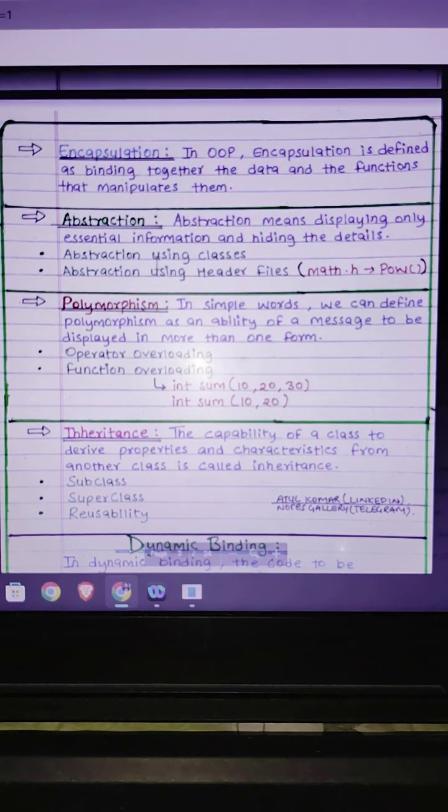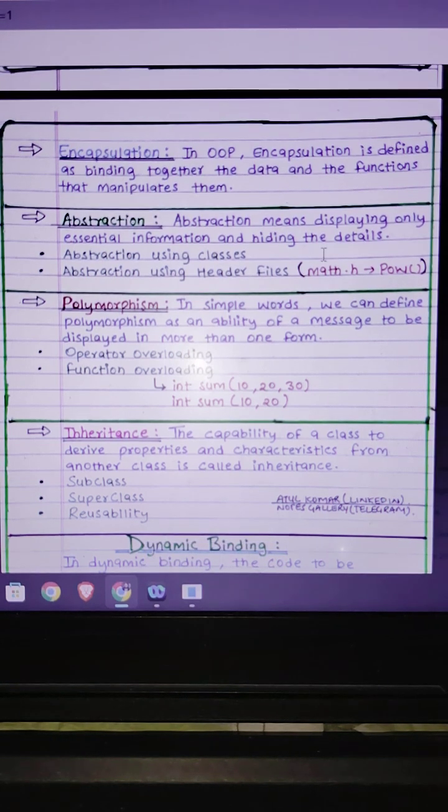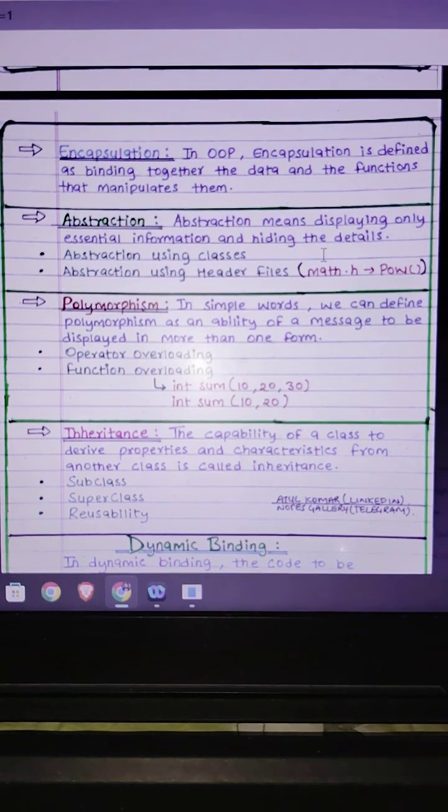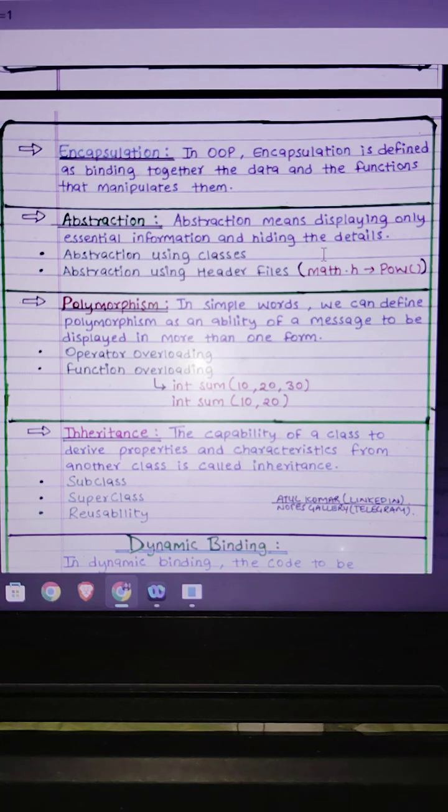Abstraction means displaying only essential information and hiding the details. For a better understanding, we take the example of a washing machine, whose inner mechanism is hidden, while outside it does its work of washing clothes. There are basically two types of abstraction: abstraction using classes and abstraction using header files.